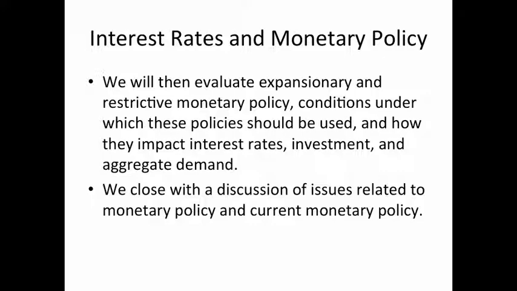It's a bit like when we looked at fiscal policy. In a recession, there's a certain type of fiscal policy you want to implement, and if you're suffering from inflation, it's a certain fiscal policy you want to implement and again how. Well, we do the same here with monetary policy. And then we'll finish by looking at some of the recent issues associated with monetary policy.